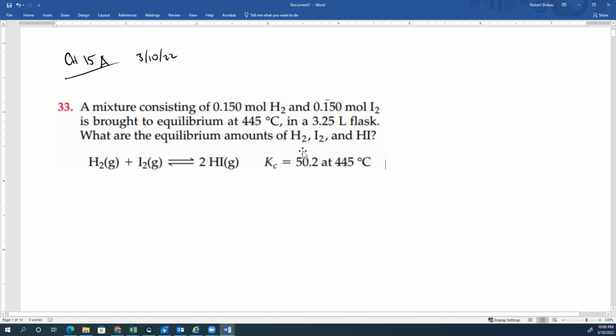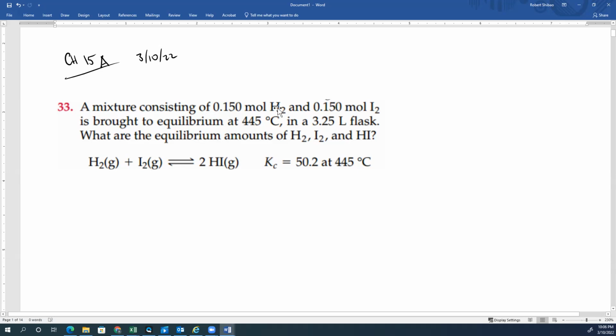So when I look at the product to reactant ratio, it's going to be two on the top, two on the bottom. If I convert from moles to molarity, the conversion is going to be the same in the numerator and the denominator. So in this case, I could save time by just using ICE in terms of moles.